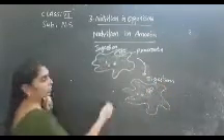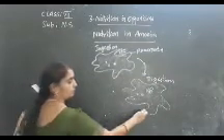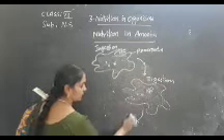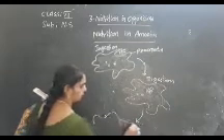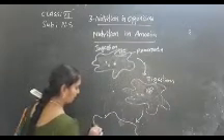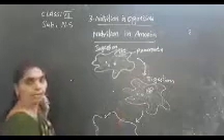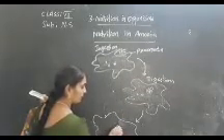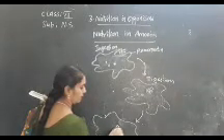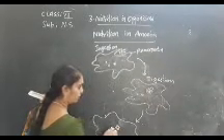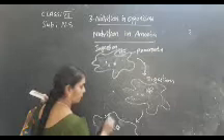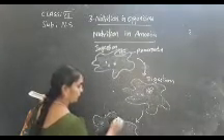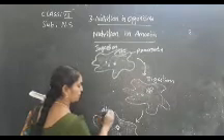Okay children, after digestion, absorption takes place. What happens during the absorption of the food particle? The food particle becomes part of the blood. It is absorbed into the blood of the organism. This is absorption.